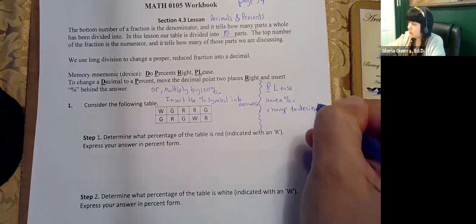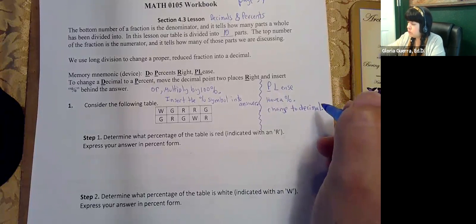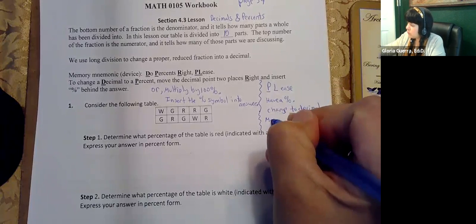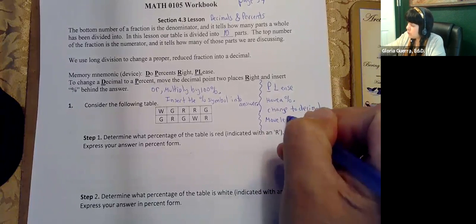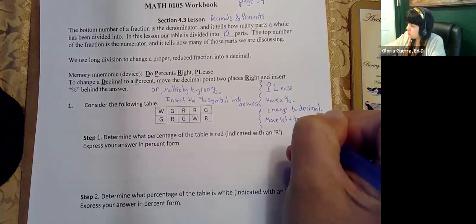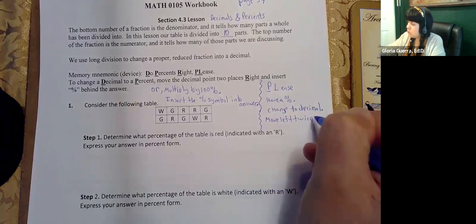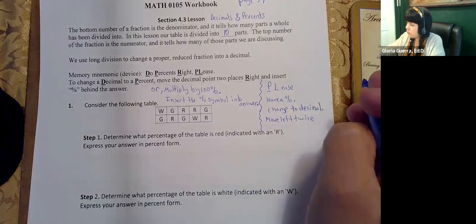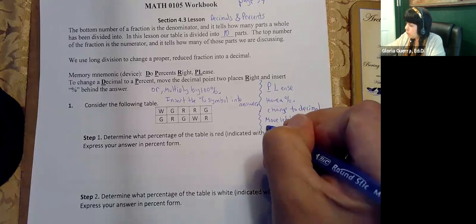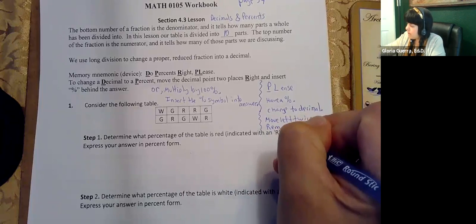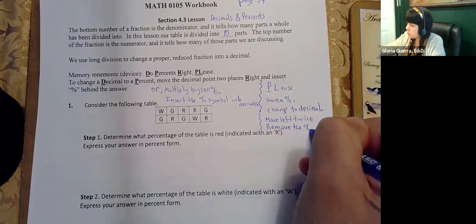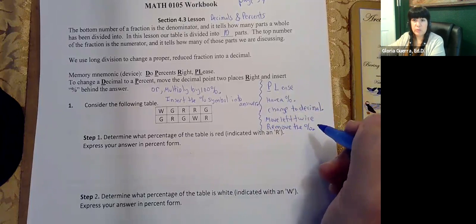So you're going in the other direction. All you would do is move it left twice. And you would have to make sure you remove the percentage symbol, because you're going to change it back to a decimal.